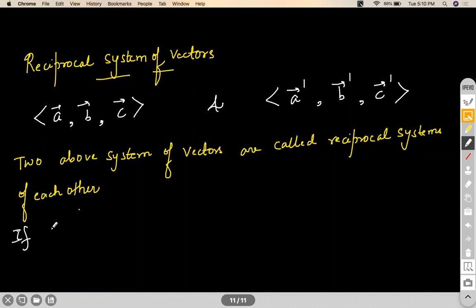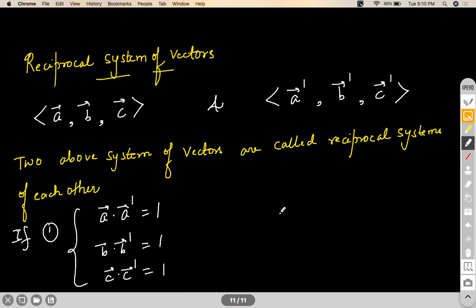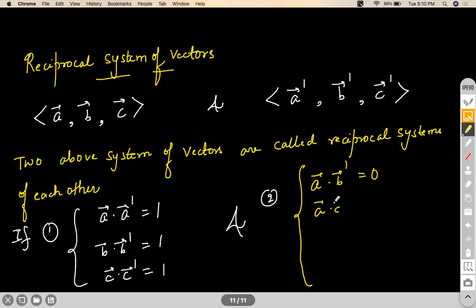Condition number one: the dot product of the like terms, that is A and A dash, B and B dash, and C and C dash, is equal to 1. And the second property is that if you take the dot product of any other pair, let's say A dot B dash, or A dot C dash, it would be 0.